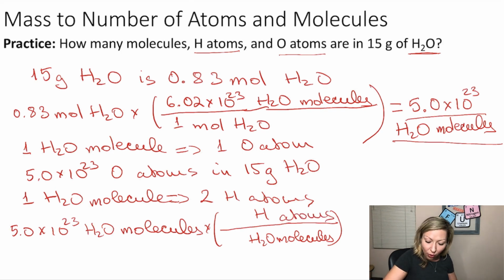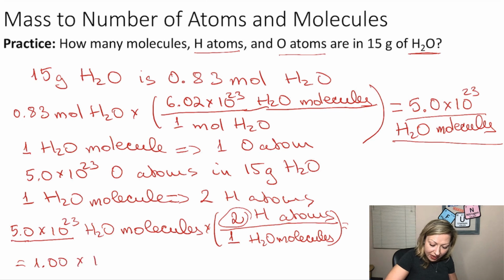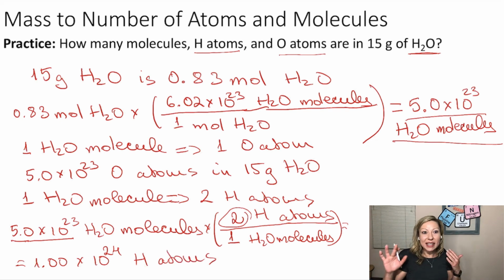I know that for one H2O molecule, I am going to have 2 hydrogen atoms. So it's clear again that I just need to take the 5.0 times 10 to the 23rd and multiply that by 2. If I do that, I'm going to arrive at 1.00 times 10 to the 24th hydrogen atoms. Okay, I hope this makes sense.